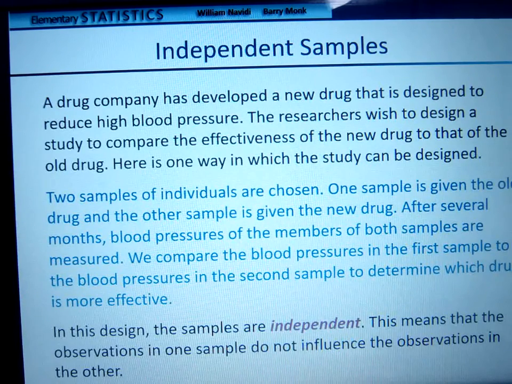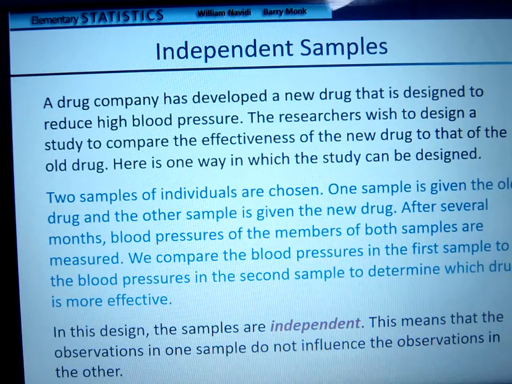A drug company has developed a new drug that is designed to reduce high blood pressure. The researchers wish to design a study to compare the effectiveness of the new drug to that of the old drug. So here's one way that the study can be designed. Two samples of individuals are chosen.